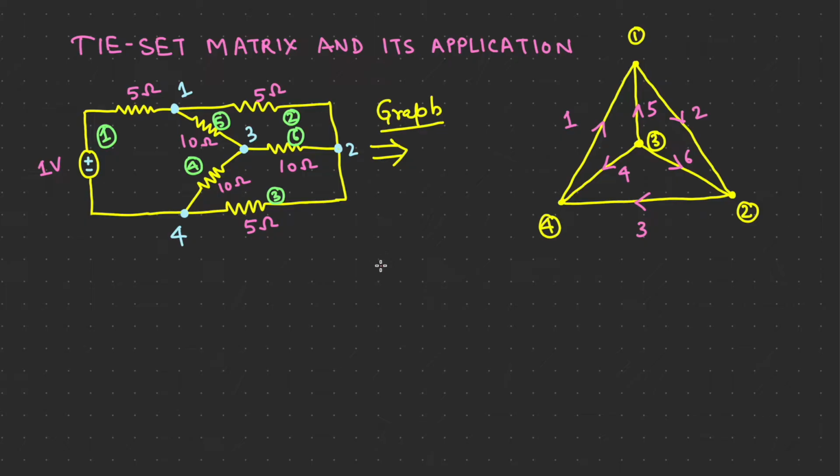Now to find out the loop currents, we need to apply the tie-set matrix. And for the tie-set matrix, first of all we will take a tree from this. I hope you are already aware of a tree. A tree is any graph which is connected to all the nodes and there is no loop forming.